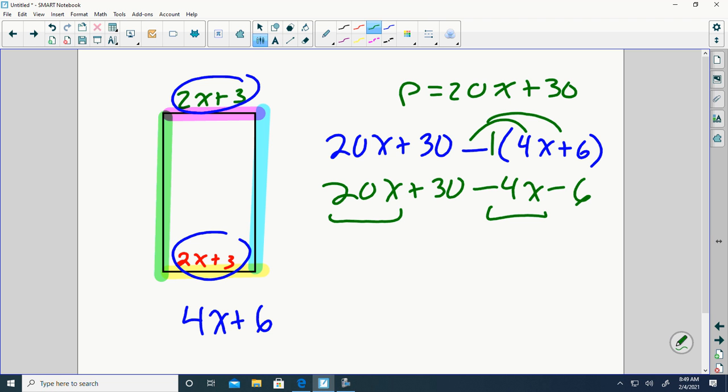20x subtract 4x is 16x. 30 minus 6, 24. Okay, now, do we feel comfortable up to this point? Is there anything up there that we're not done with, but I want to finish it?